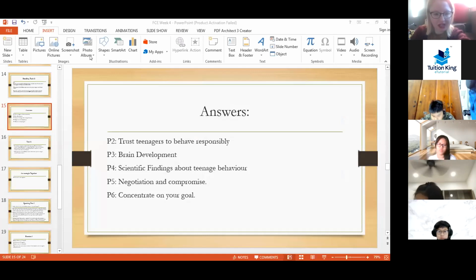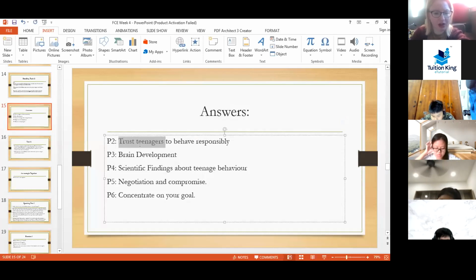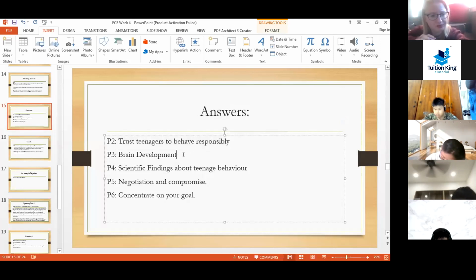Because the main idea has already been done for you in paragraph 1, the answers start here from paragraph 2. So let's compare these answers to your answers. The second paragraph was all about trusting teenagers to behave responsibly. The paragraph after that, the main idea was brain development and scientific findings about teenage behavior, negotiation and compromise, and concentrate on your goal.